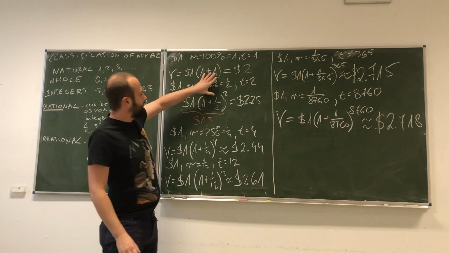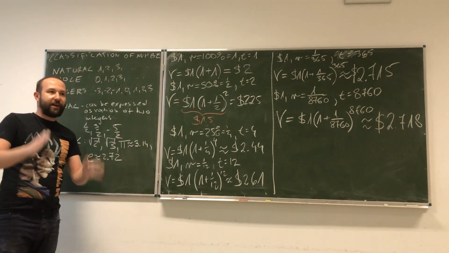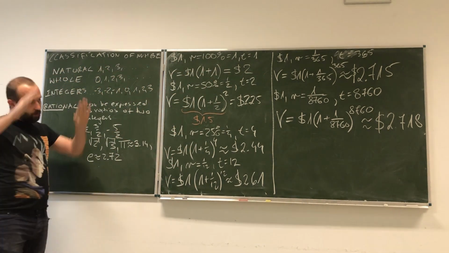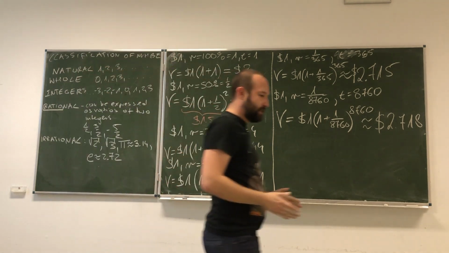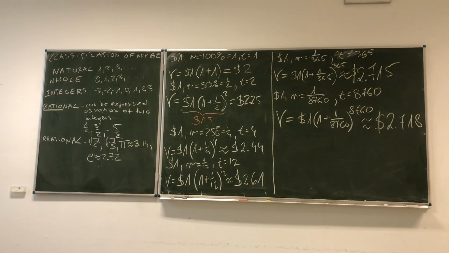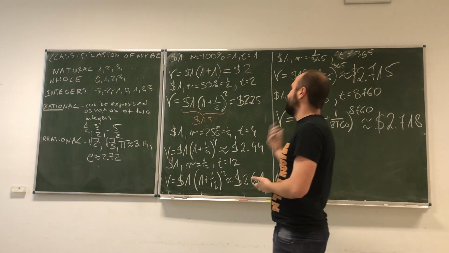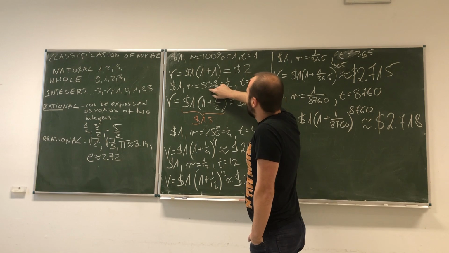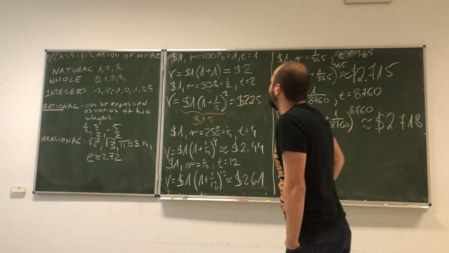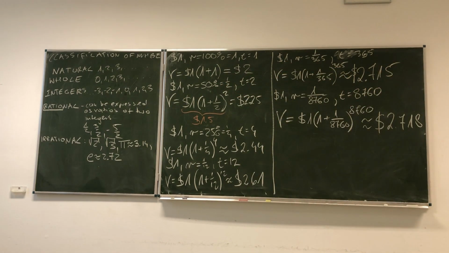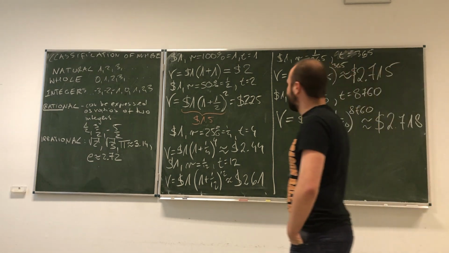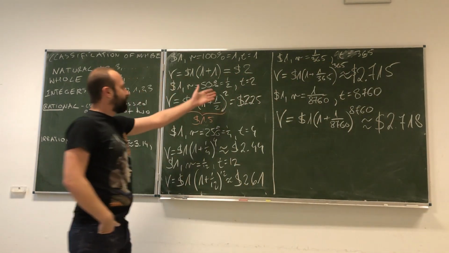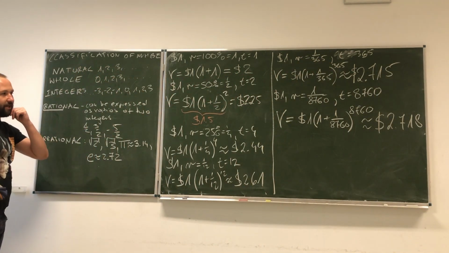So look, what has been happening here? In each consecutive example, our interest rate was declining. But at the same time, number of capitalizations was increasing. And look, here we saw that each time when we reduce interest rate and at the same time increase the number of capitalizations, the amount of money we have has been increasing.